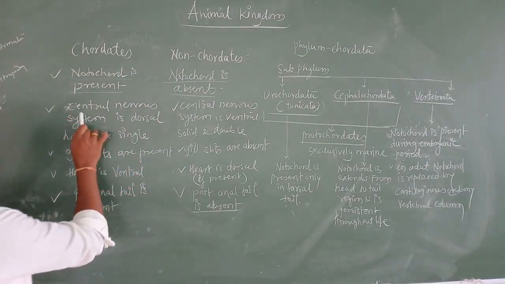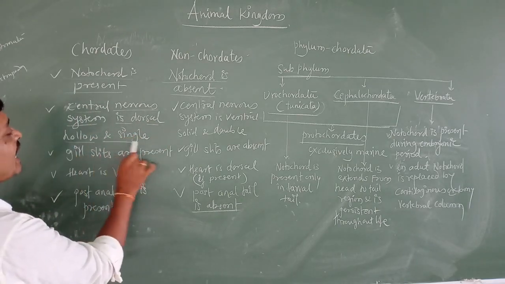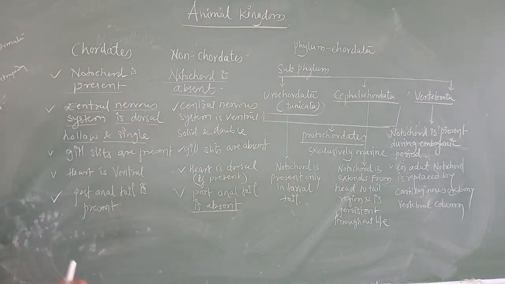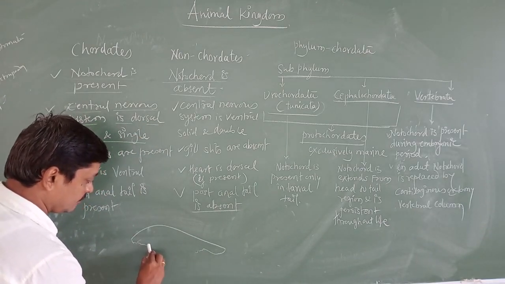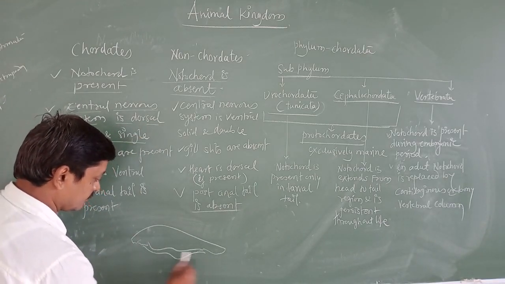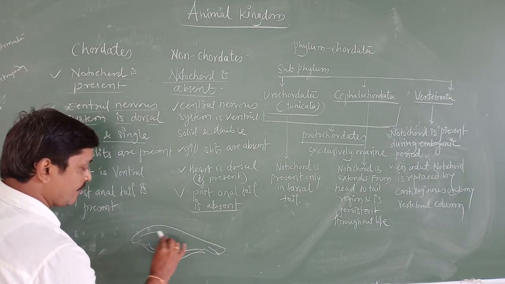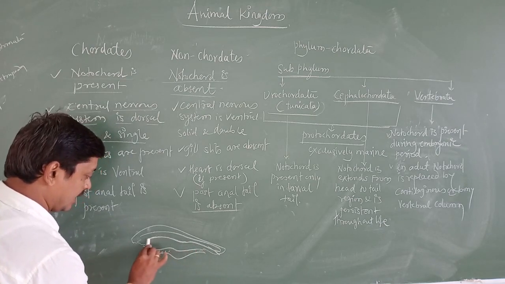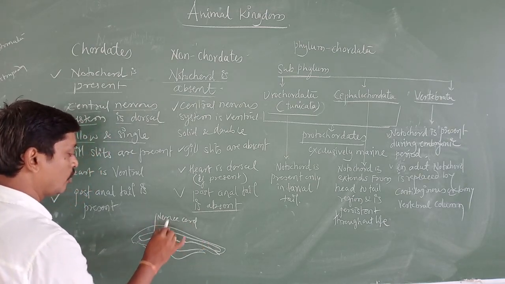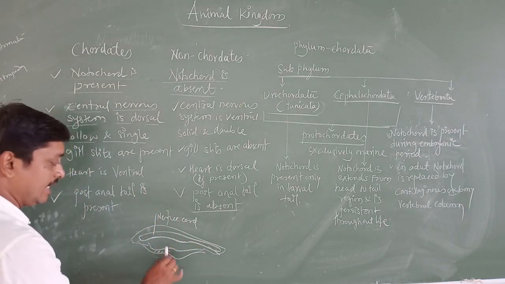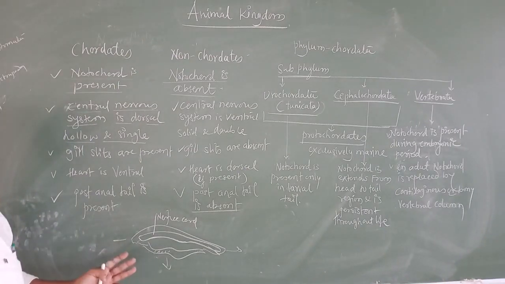Second one, the central nervous system is dorsal, hollow and single. Yesterday when I drew the diagram, I drew the nerve cord and told you this is the dorsal side, this is the ventral side, this is the posterior side, this is the anterior side.